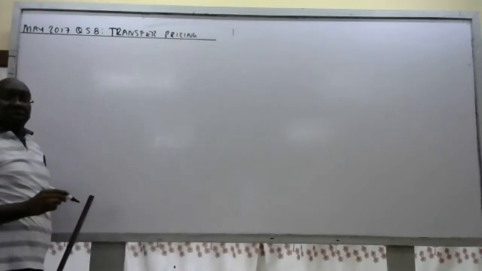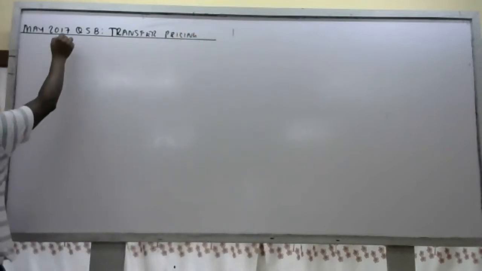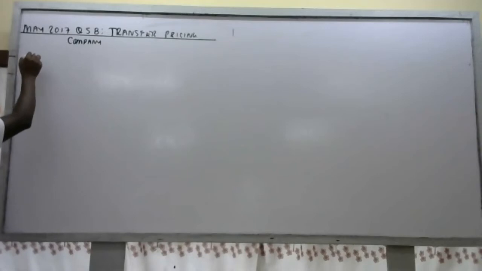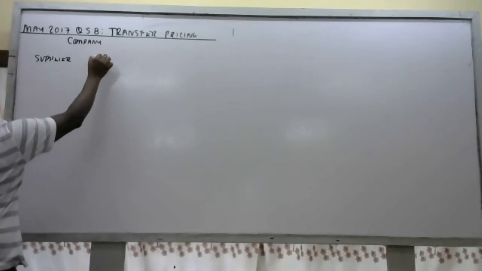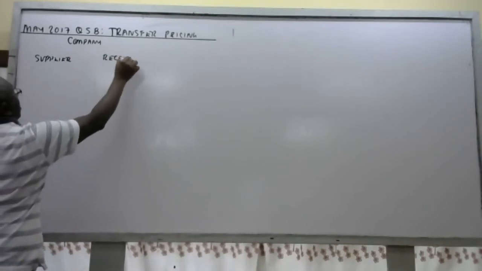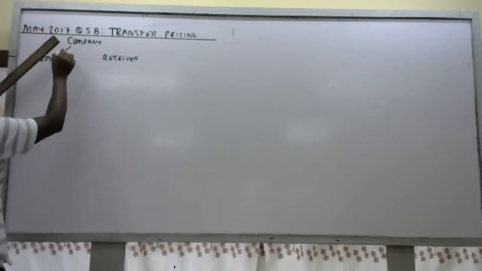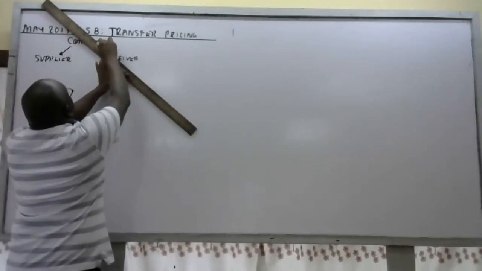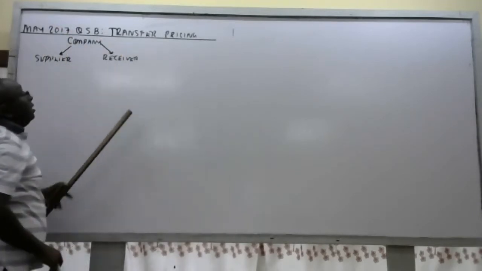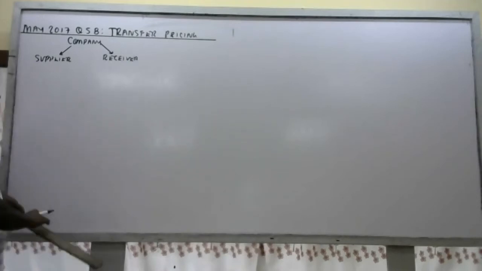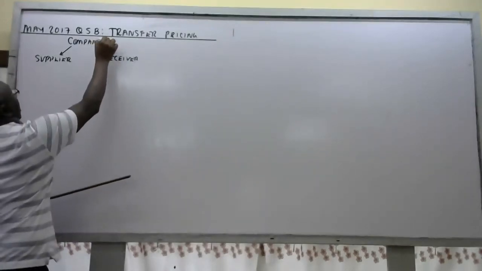And as I've always told you, when you come across transfer pricing, the first thing is to identify who is the company, who is the supplier, and who is the receiver. In our question here, the company is called Reka Limited.